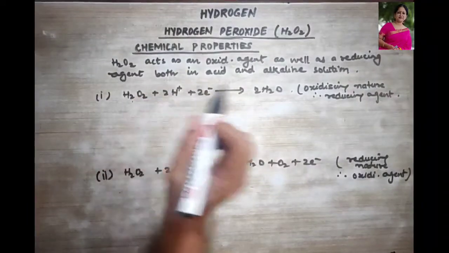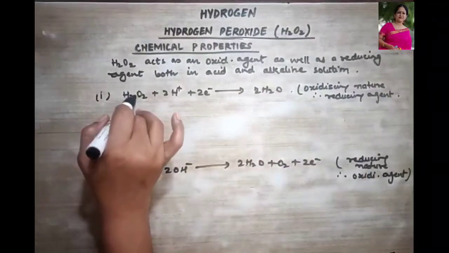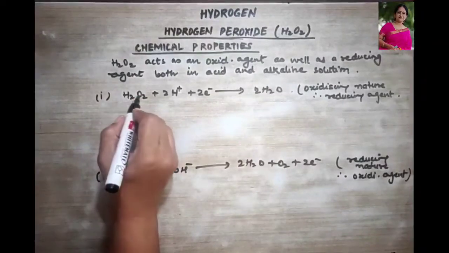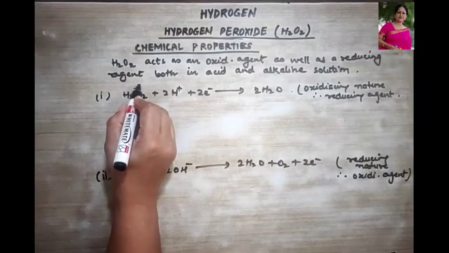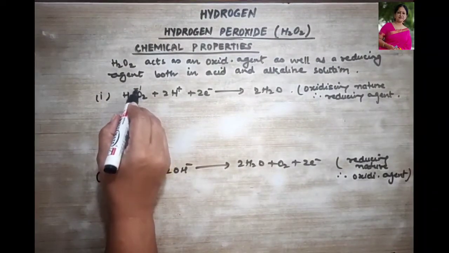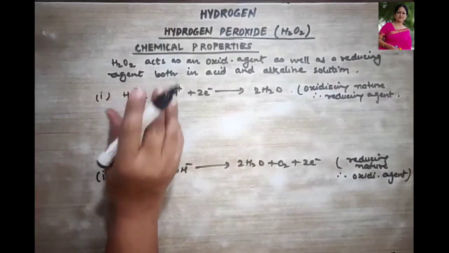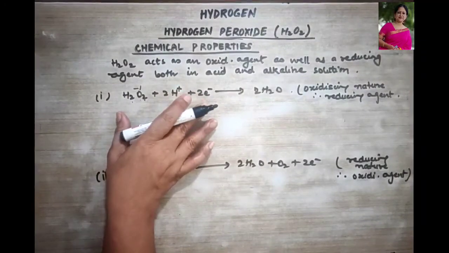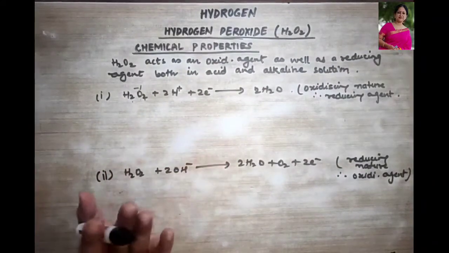Now let us understand the first reaction, where I am going to tell you how hydrogen peroxide acts as an oxidizing agent. In hydrogen peroxide, the oxidation state of oxygen is -1 per atom, right? Which is an intermediate oxidation state of oxygen. And therefore hydrogen peroxide can be oxidized or even it can be reduced.